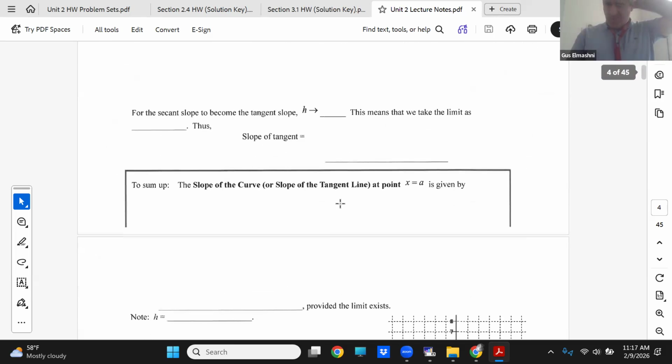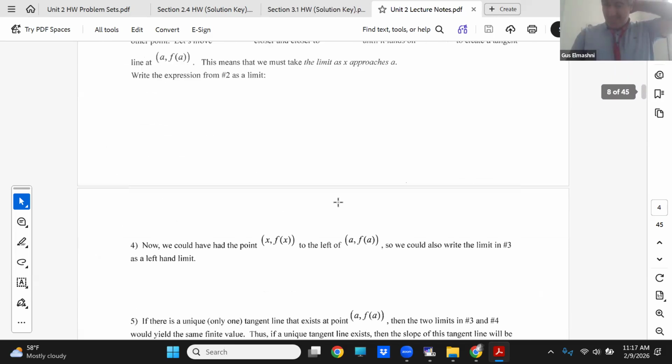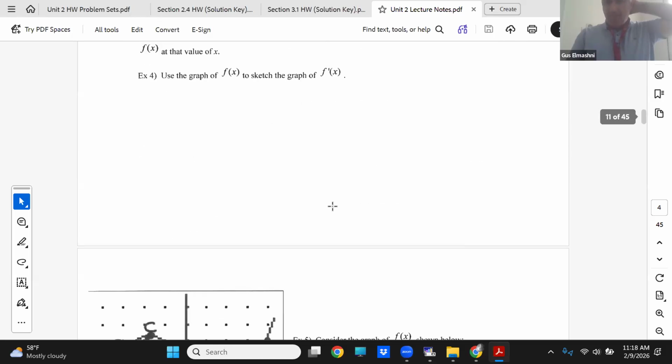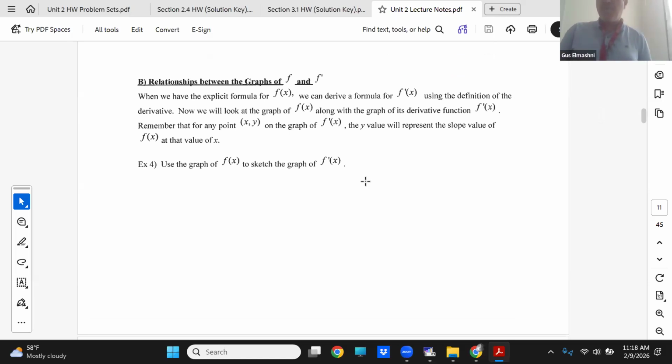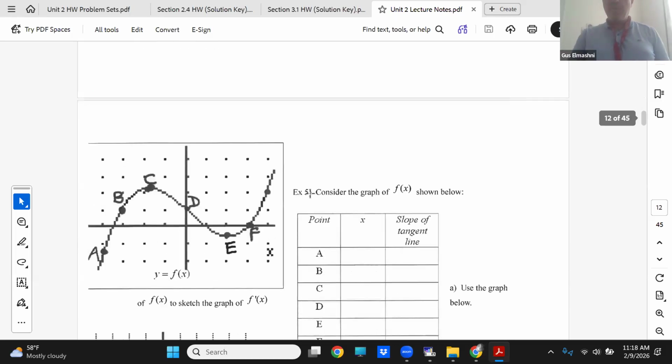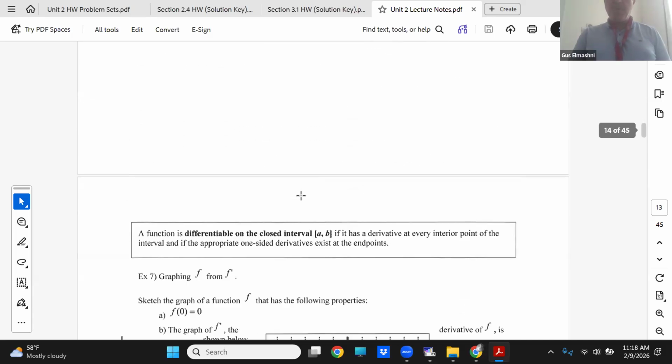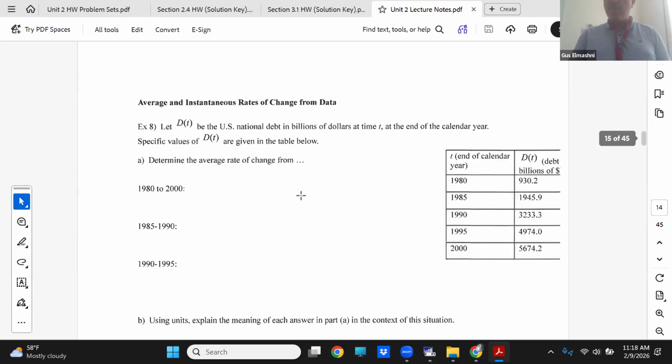let's go to, I think, this section B of 3-1. Yeah, here we go. So I'll talk about the relation between graphs of f and f prime. So we'll go through that. We'll see how it goes today. Talk about one-sided derivative. I do want to talk about the rules of differentiability.